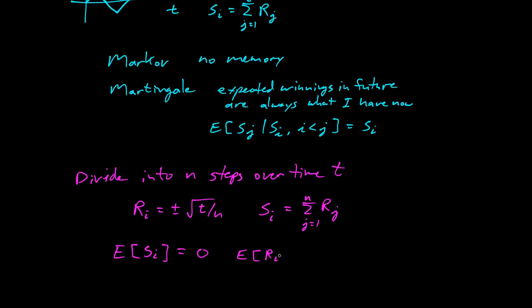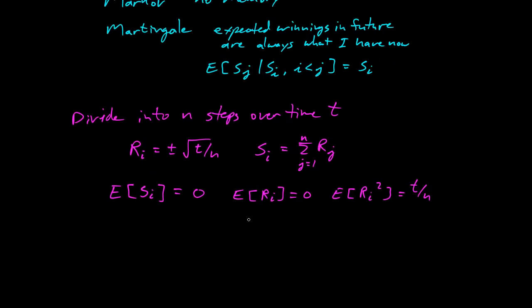What about the expected value of R_i? This is randomly plus or minus the same value, so this is going to be 0. What about R_i squared? The expected value of R_i squared, squaring this always gives t over n.